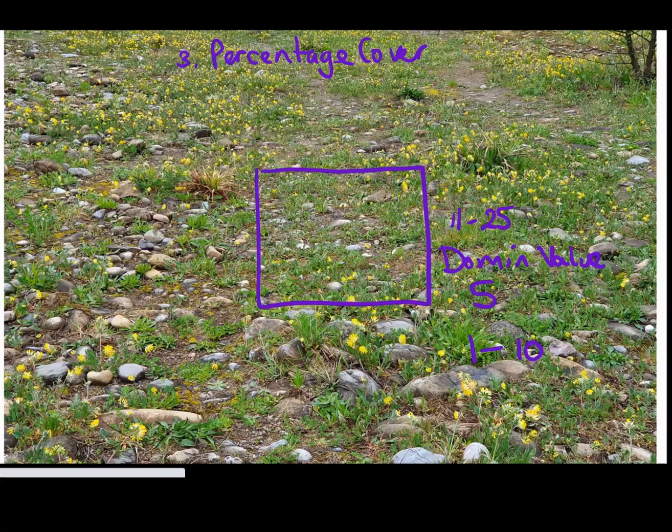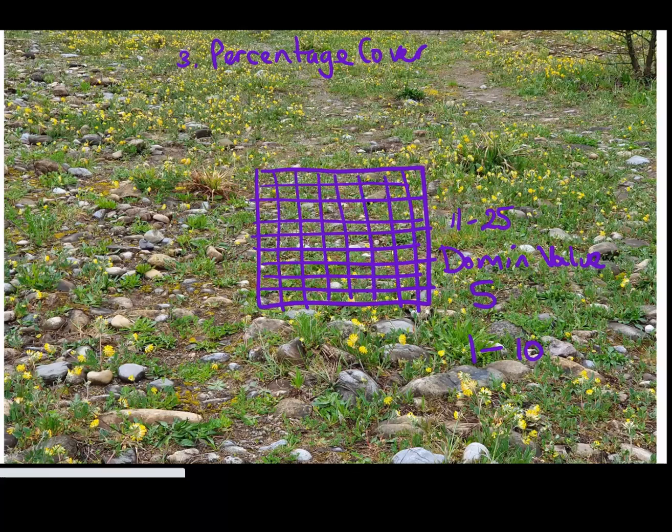There's another way to do percentage cover, and that's to use a quadrat with a grid, like we've seen before. I'm not going to draw this particularly accurately, but in that grid, and say the grid is 100 squares, then you would count how many squares.